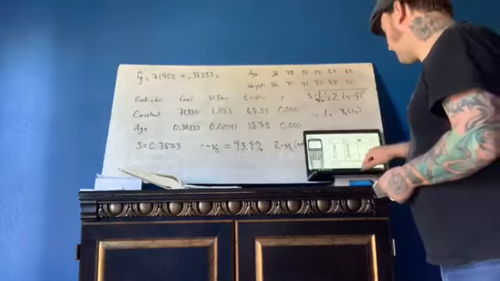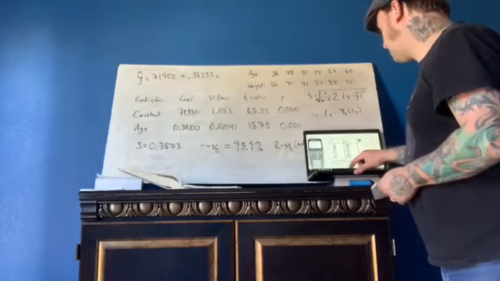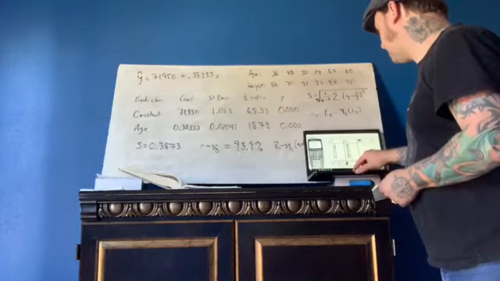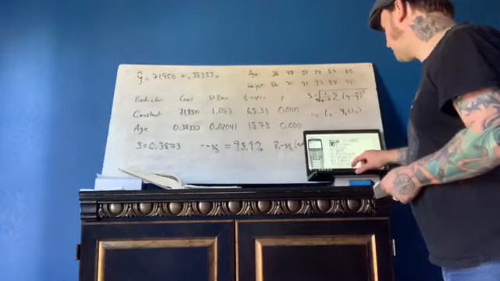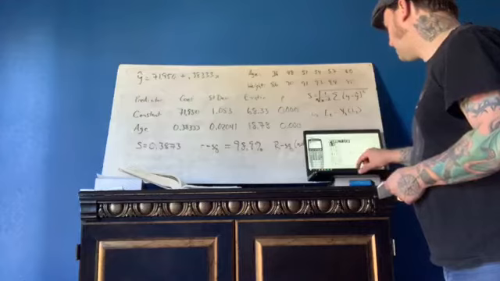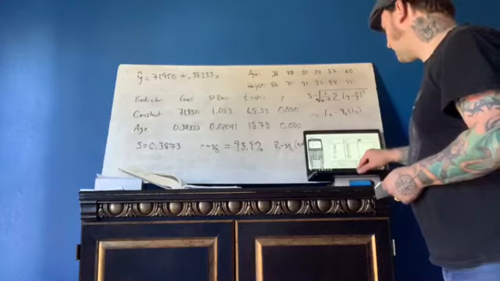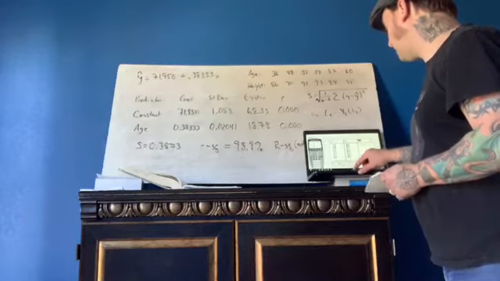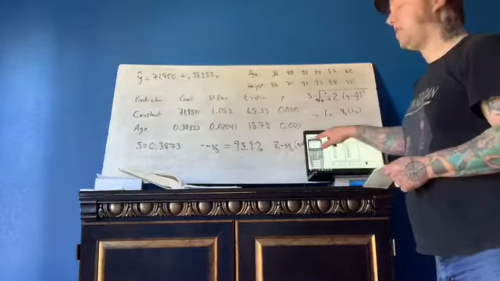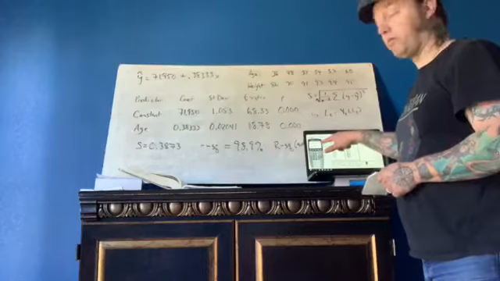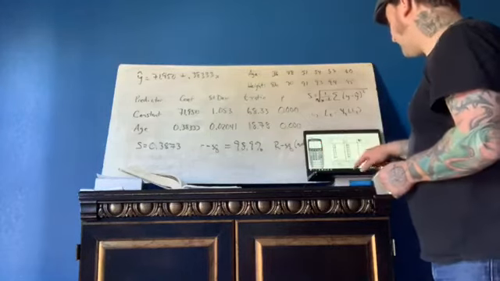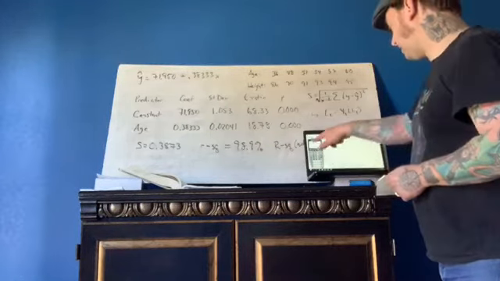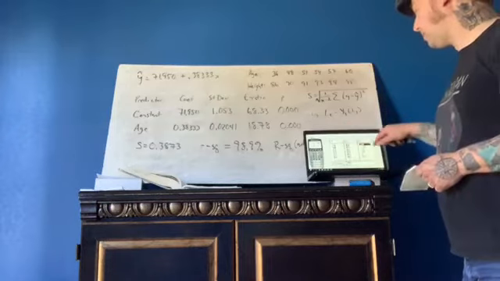So let's put in L2 minus Y1 at L1. Now remember, you have to already have your least squares line saved in your Y1. I did that already, so make sure you do that. So there's my residuals.